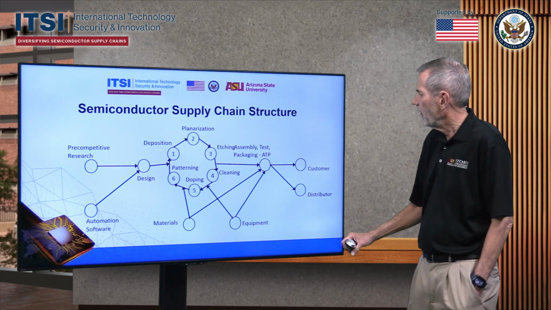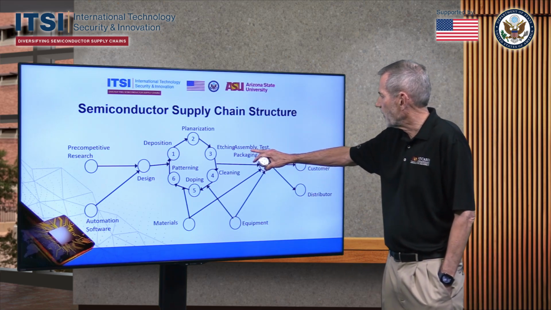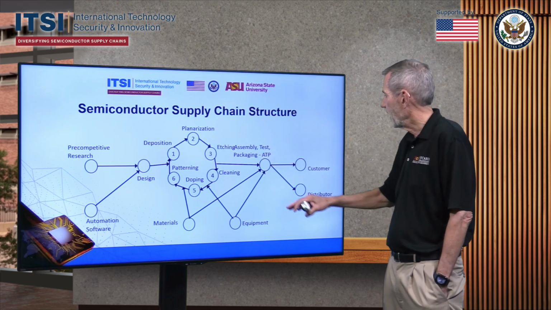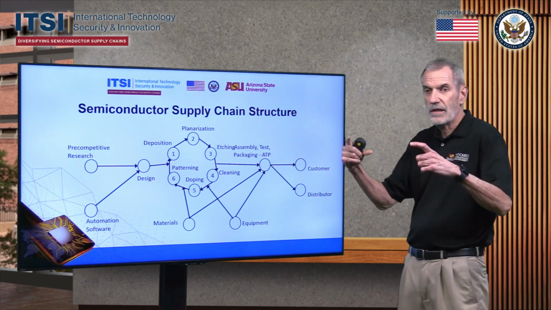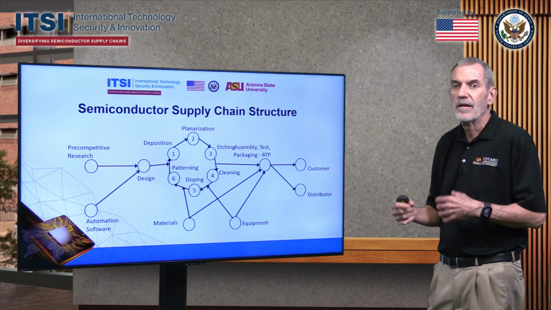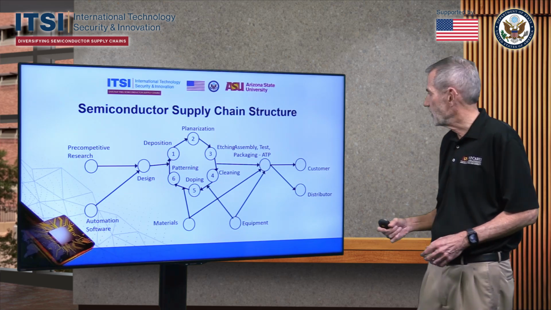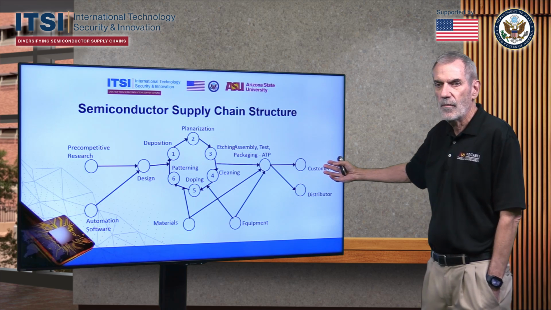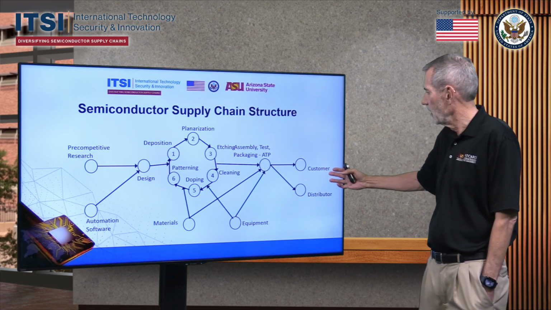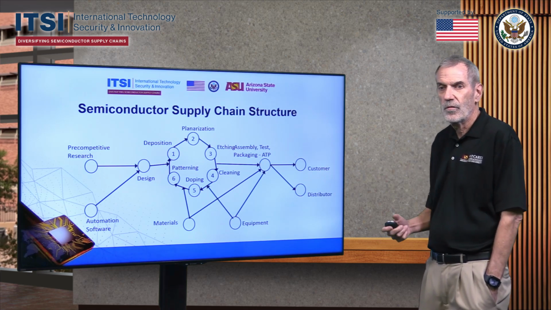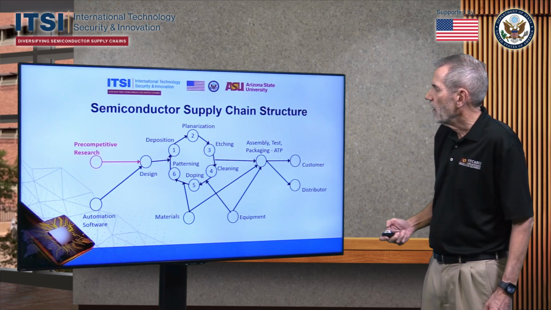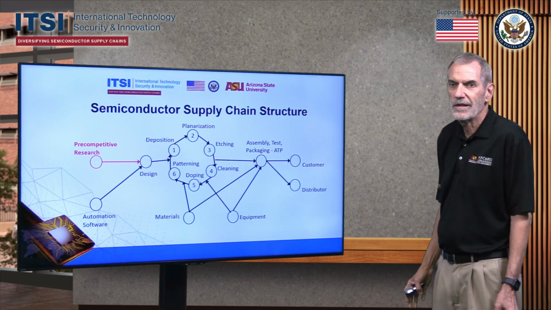Then it goes to the assembly, test, and packaging area, or ATP area, where you take the wafer, cut it into individual die, and put it in a package so it can be sold. And then it goes either directly to an end customer, which might be a Dell Corporation, for instance, or to a distributor who sells it to many different end customers. Okay, so I'll go through each of those pieces in a little bit more detail.